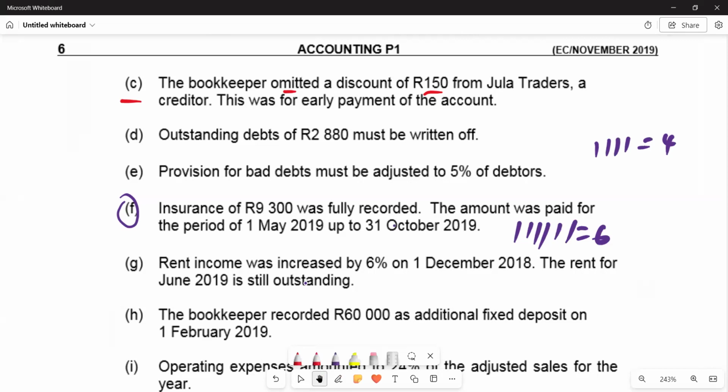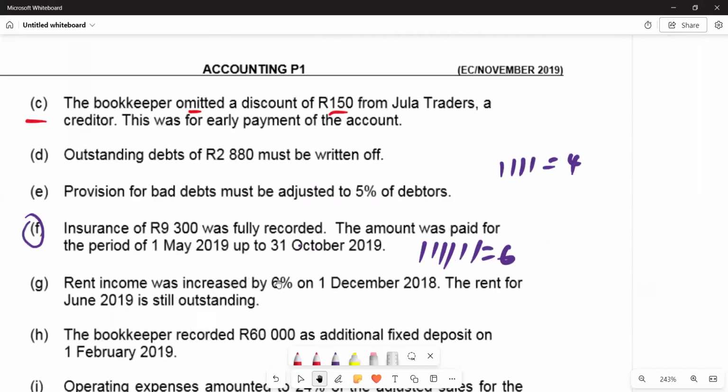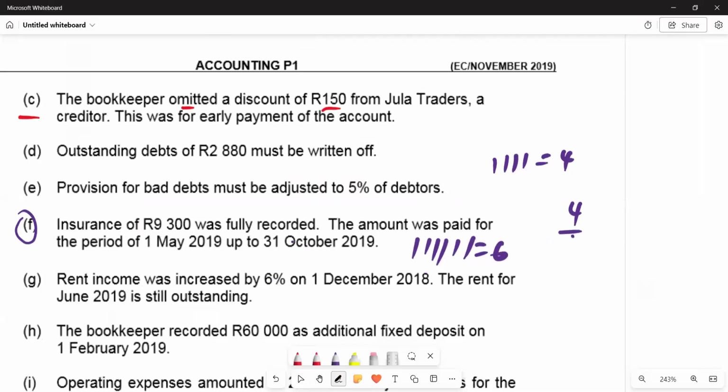To remove them, we make a fraction of 4/6 times 9,300, which is for those 6 months. So we calculate as such: 9,300 multiplied by 4/6. You will see that we're going to get 6,200.